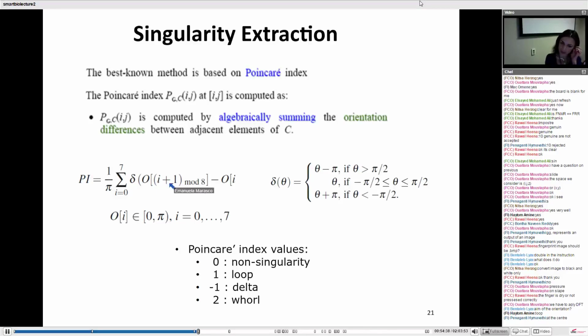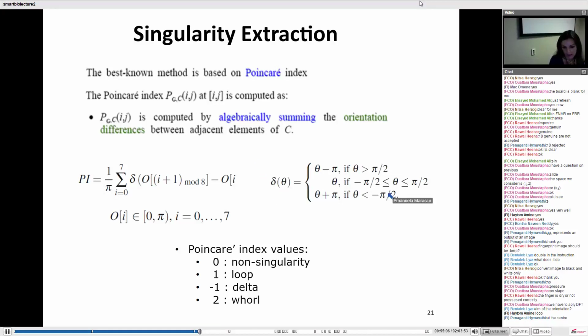So the Poincare index, this is the formula, the sum of the differences between the orientation of the pixel I plus 1 and the pixel I, and close the bracket. And then, of course, the orientations, as we also saw yesterday, are values that range between 0 and 180.